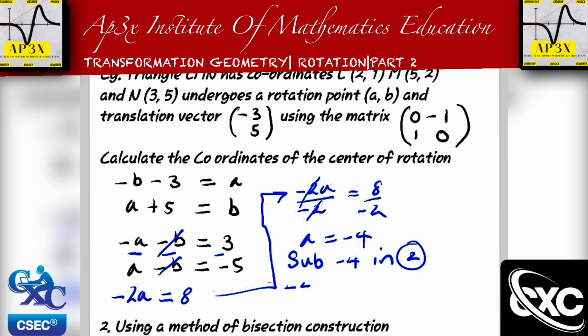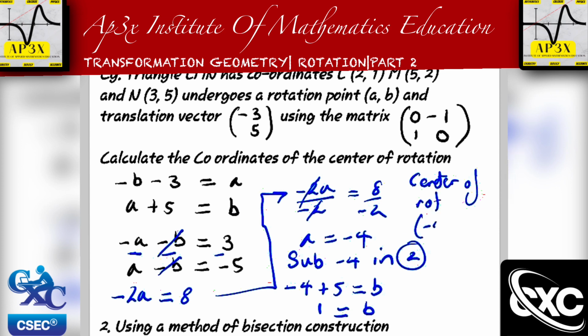So that's minus 4 plus 5 is equal to B. And of course minus 4 plus 5 is 1, and 1 is equal to B. Therefore our new center of rotation, that is not at the origin, is located at, say here, minus 4, 1.